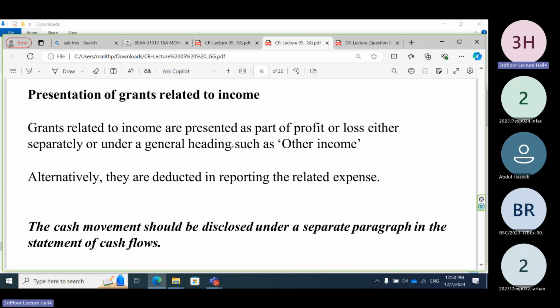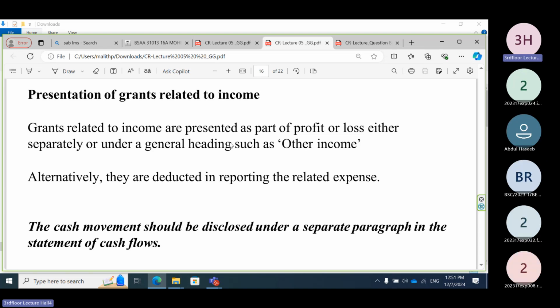So you know that the 1 million is a cash inflow. What are we going to do in the cash flow? The cash movement should be disclosed under a separate paragraph in the statement of cash flows. Keep in mind, you have to put a separate paragraph in the cash flow statement for the cash inflow. If you have a grant, there should be a separate paragraph in the cash flow.